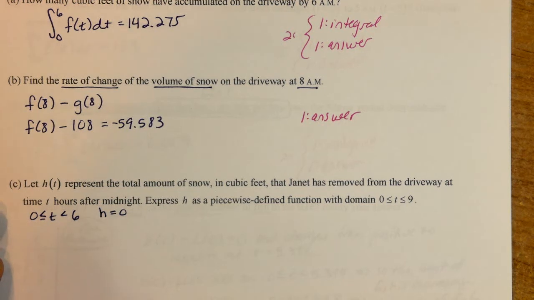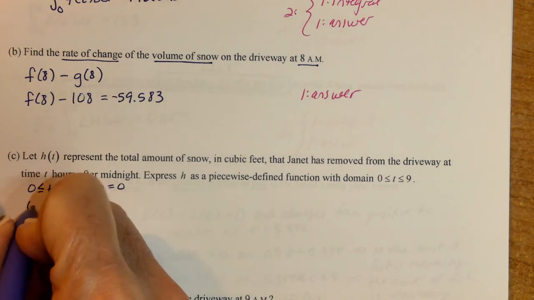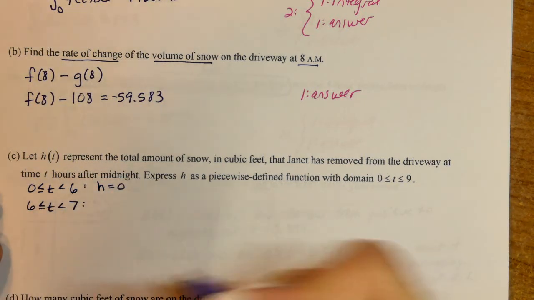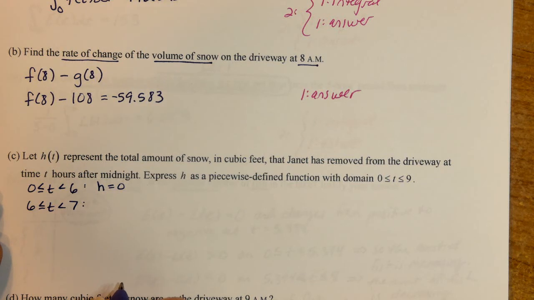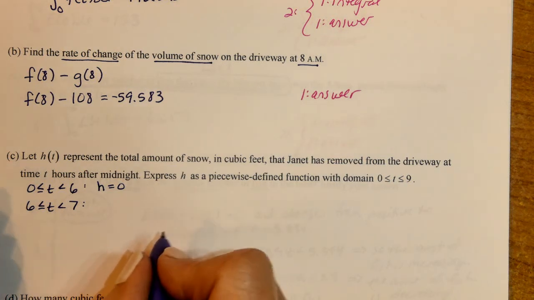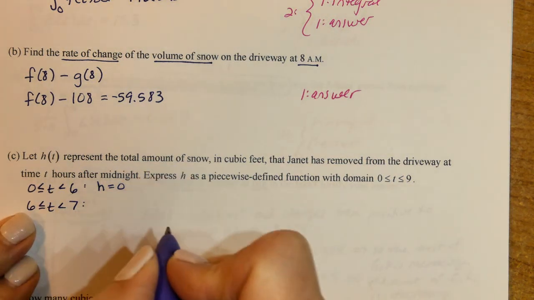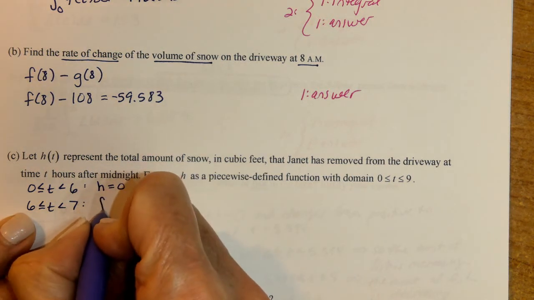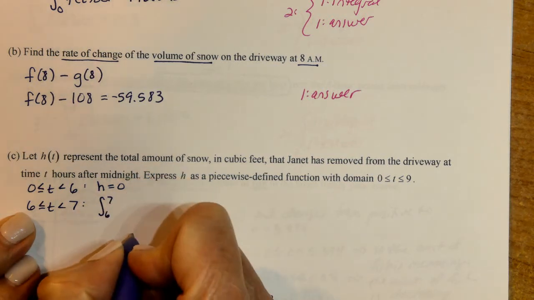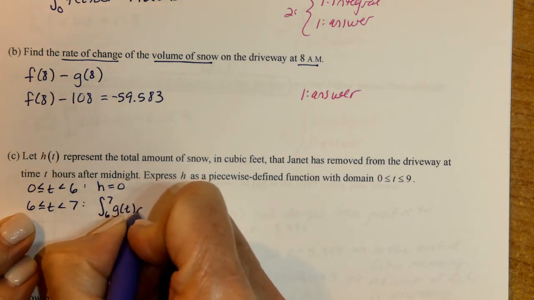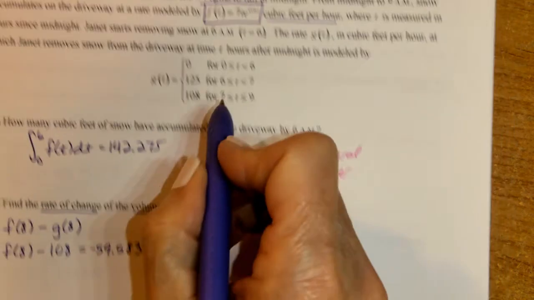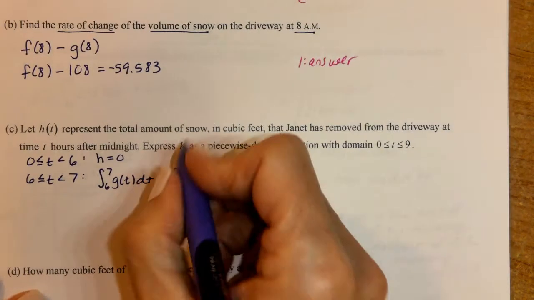I know that, right? From 6 to 7, she will have removed some snow, correct? And it's going to be the integral from 6 to 7 of the rate out, which is our G of t, and from 6 to 7 we need to use the 125 for G of t.